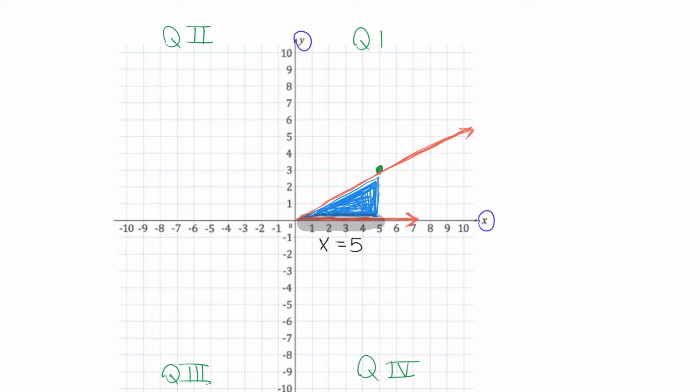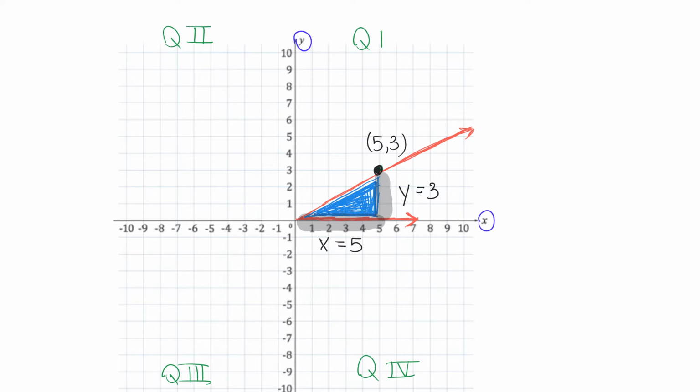And then what if I wanted to look at the height of my triangle in terms of a graph? This is a y value. And how tall is it? It's 3. And I know that because remember, I put a point here at 5, 3. So in terms of a graph, that's what it looks like. In terms of a triangle, I have a base and a height, right?